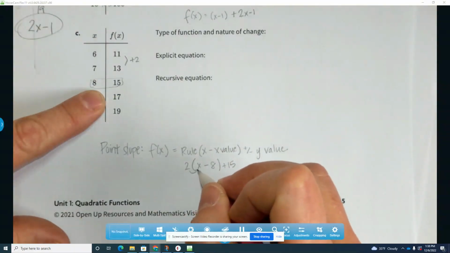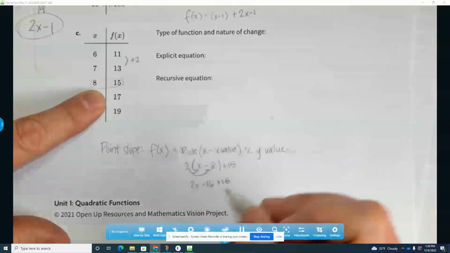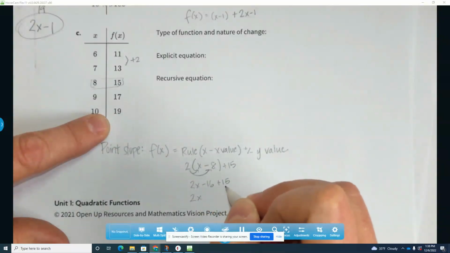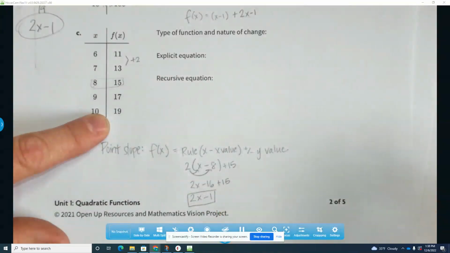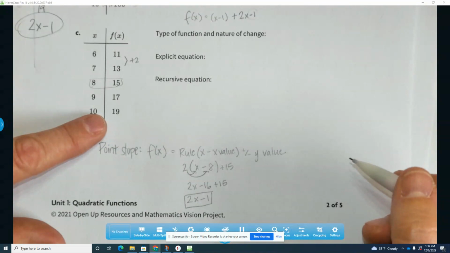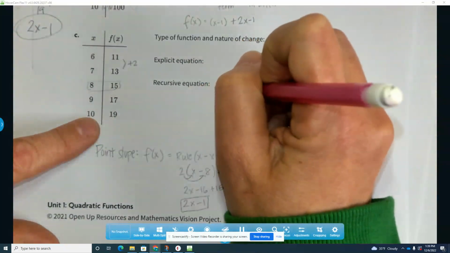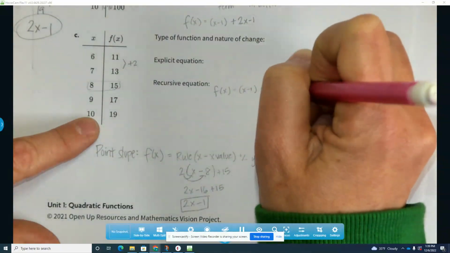But then I would have to distribute and combine like terms. Negative 16 and positive 15 is a minus 1. So there's your explicit. Your recursive equation, again, is just x minus 1 followed by the rule.